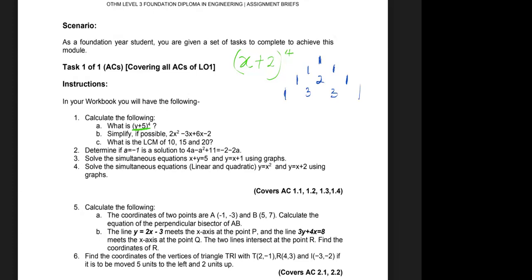Then 1 plus 3 gives you 4, then 6, 4, and 1 here. You keep on doing it. The reason I stop here is because we are going to the 4th power. This is the 2nd power, this is the 3rd one, and this is the 4th one.